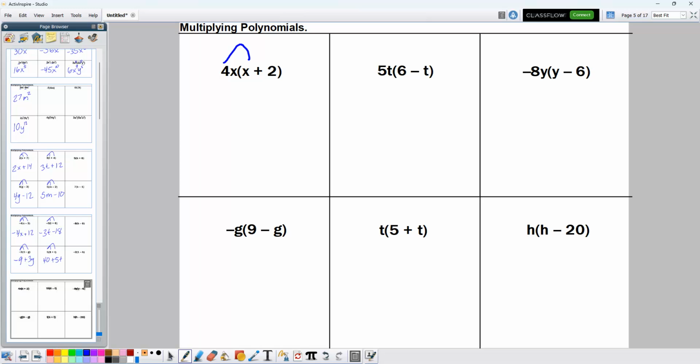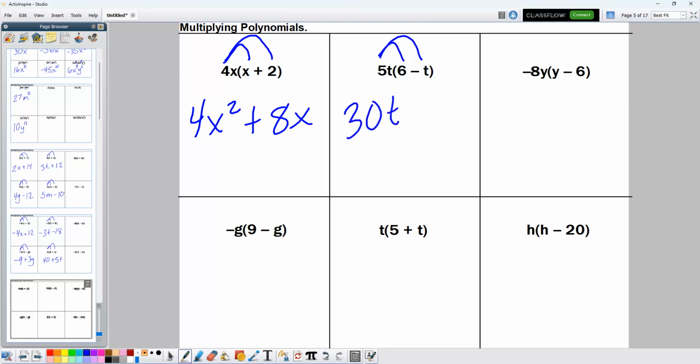4x times x would be 4x squared. 4x times 2 would be plus 8x. 5t times 6 would be 30t. 5t times negative t would be negative 5t squared. Multiply the big numbers and then add the exponents up top.